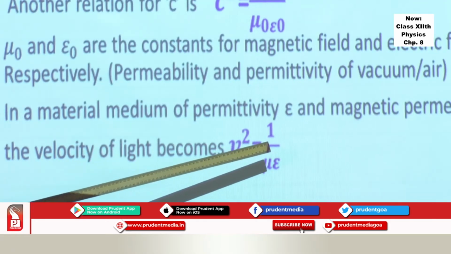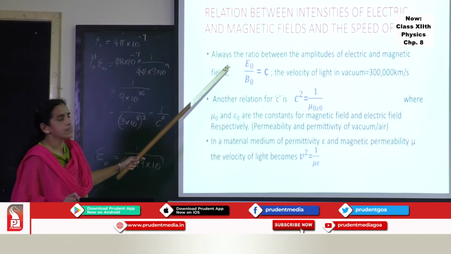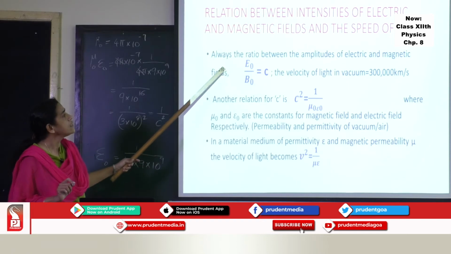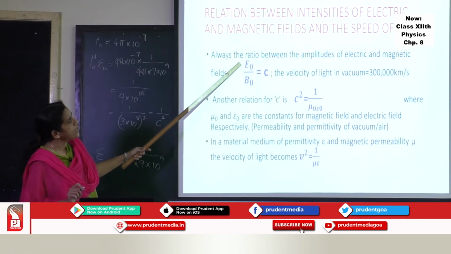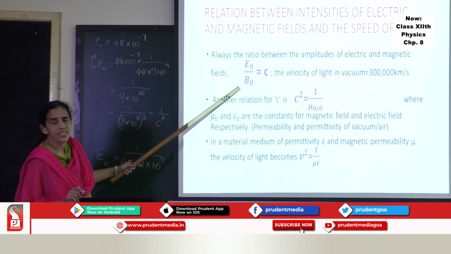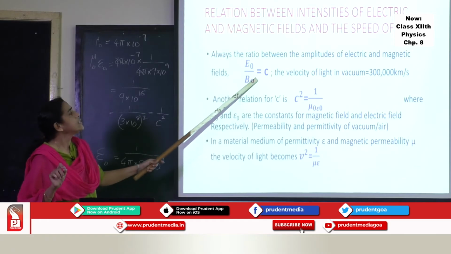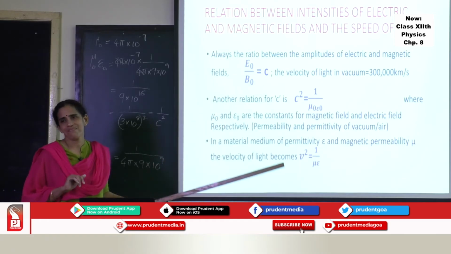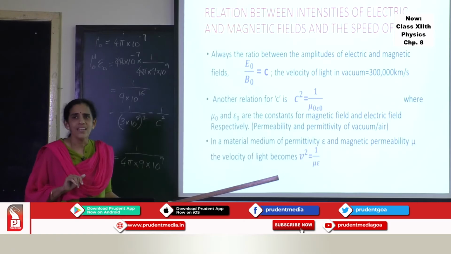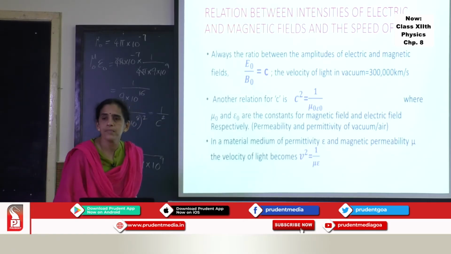So problems can come based on this also. And here this relationship is very important. The amplitude of electric field and the amplitude of magnetic field, if you take the ratio, you are getting the speed of light. Okay? So these are the important formulae you must remember.